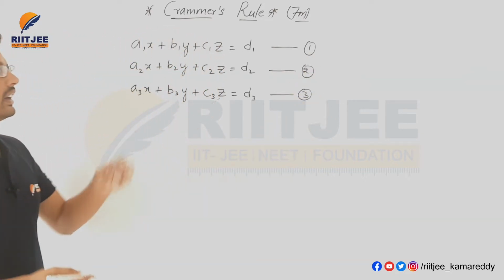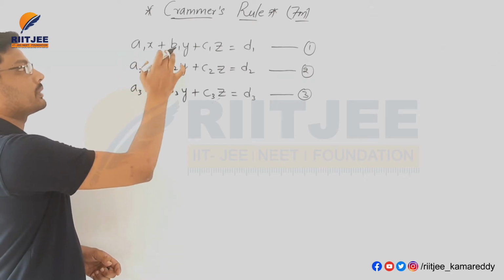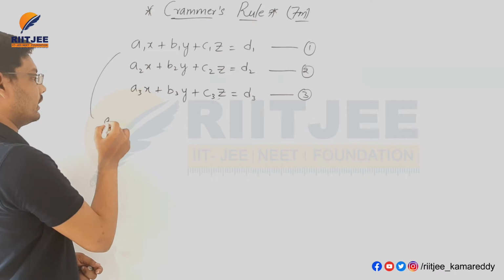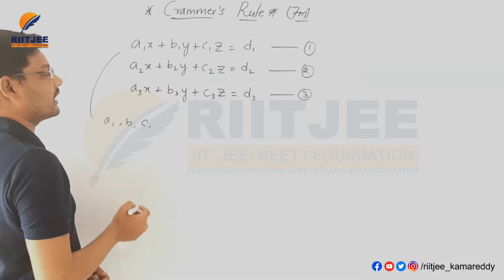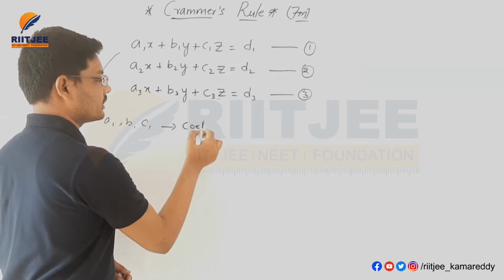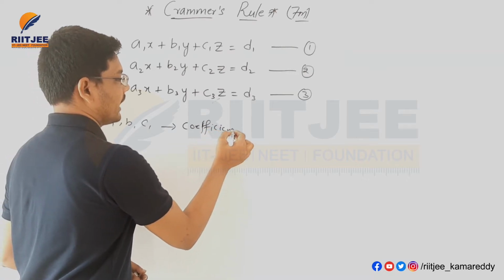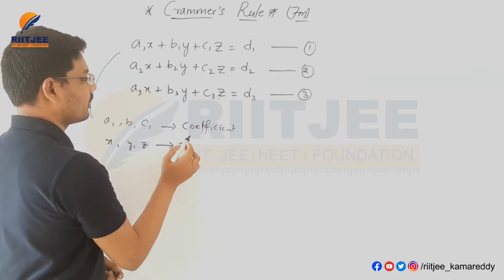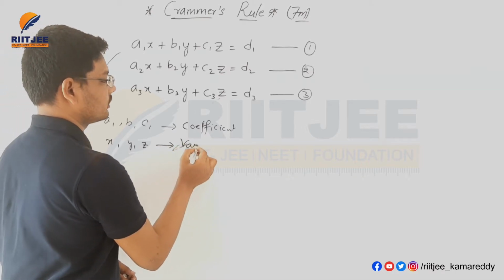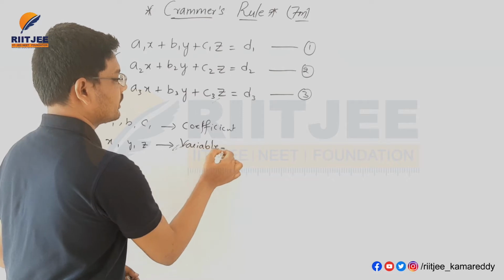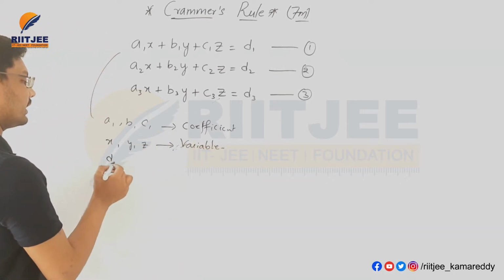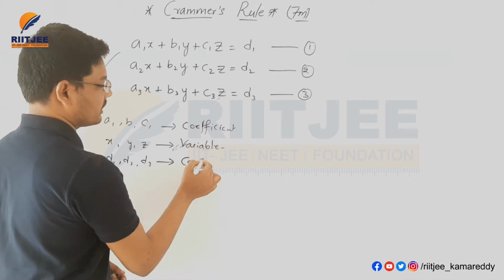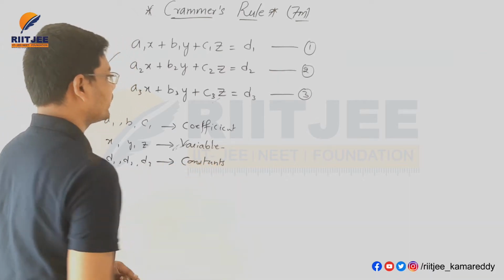Here these three are linear equations, a1x plus b1y plus c1z equal to d1, where a1, b1, c1 are coefficients, and x, y, z are variables here, and d1, d2, d3 are constants here.